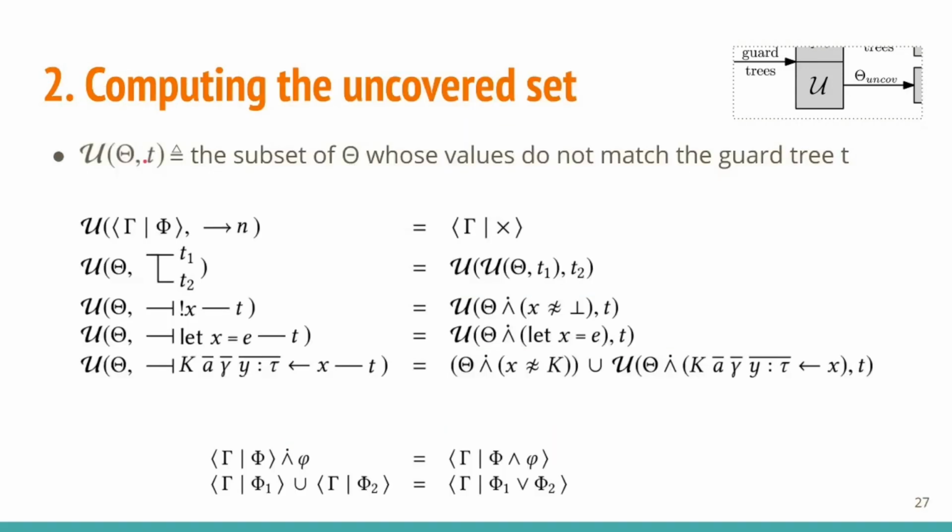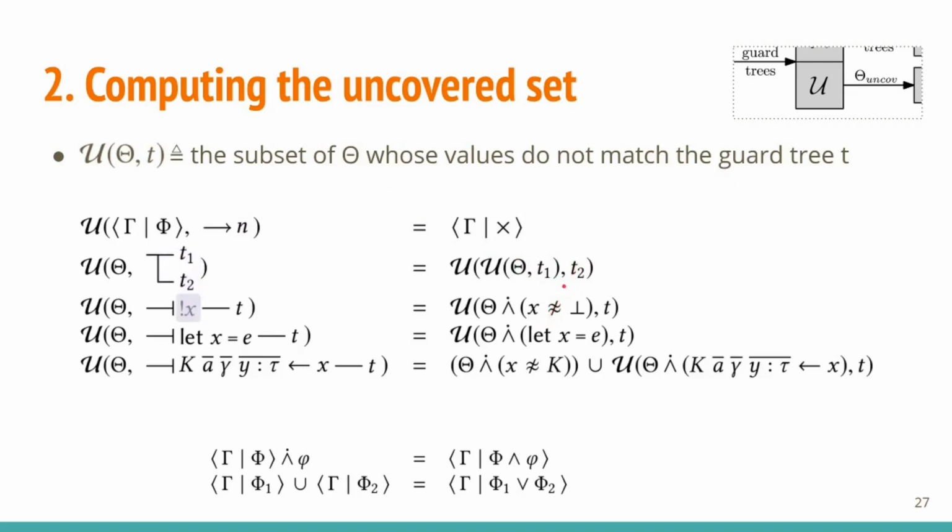With a function like this, U computes the subset of theta whose values do not match the guard tree T. When we reach the right-hand side, every incoming value is covered, so we return the empty refinement type. Branches model fall-through semantics. Only values that fall through the first branch can fall through the second branch.